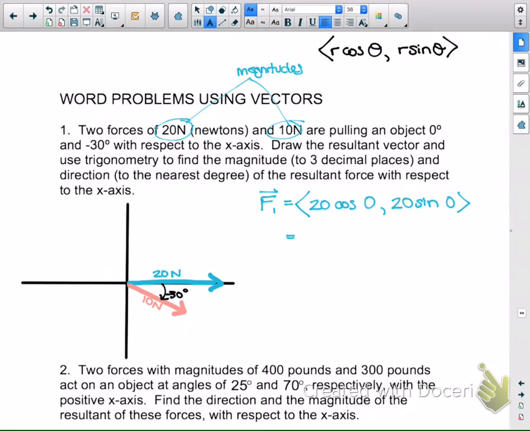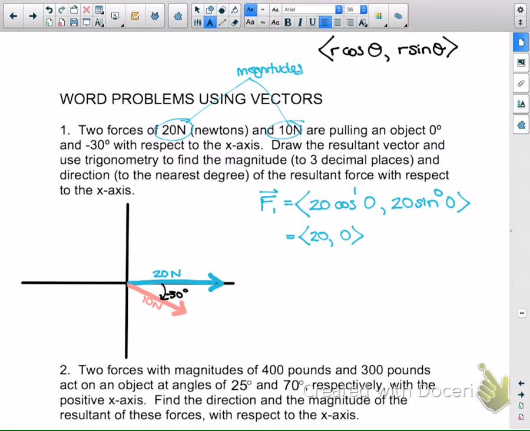That gives me, if I typed it in my calculator, I could get this back out. But if you also remember, at 0 degrees, the cosine is what? 1. And at 0 degrees, the sine is 0. So if I plugged those in, 20 times 1 gives me 20. 20 times 0 gives me 0. So that's component form for my first vector.